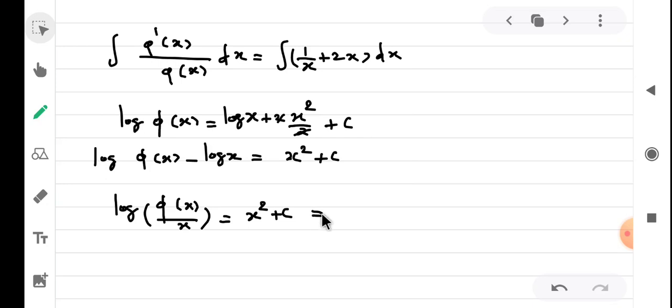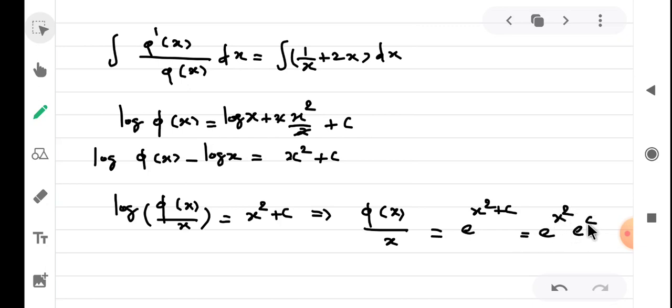Taking exponential on both sides, I will get phi of x divided by x is equal to e power x square plus c. This can be rewritten as e power x square into e power c.